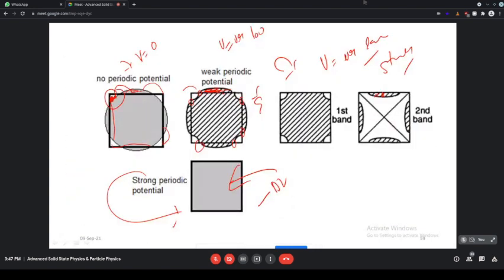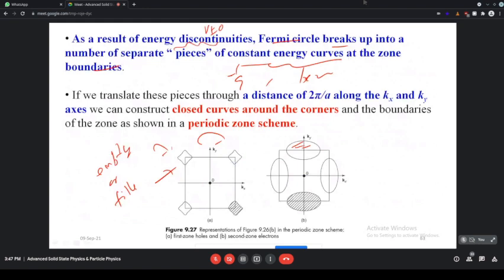This is the empty level here, and applying this reciprocal lattice vector, let us bring this here, and this here, and so on. Then using the periodic zone scheme we can represent it in various zones. Then will this be empty or filled? Empty, sir. Yes, this is empty.